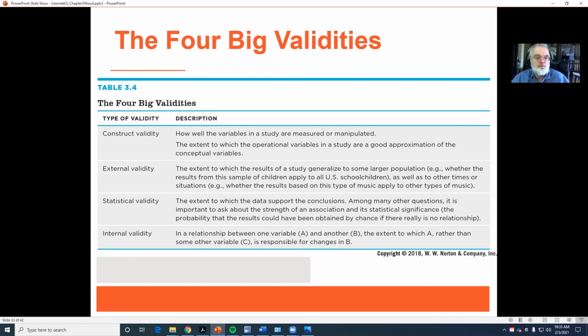Statistical significance is the odds that the result you could be looking at could have been obtained if there is no relationship. That's the statistical significance of a correlation coefficient. The statistical significance of a proportion has to do with the range of values of the confidence interval associated with the given observed proportion that you have.